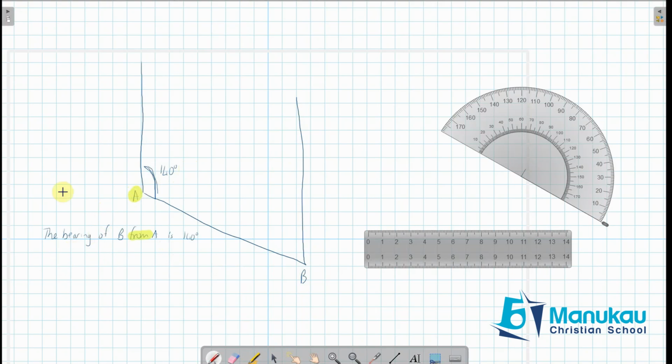Now, what about if we were doing it the other way? How would we find this? The bearing of A from B is. How do I find that? How can I figure it out? Well, remember, you start at 0, 0, 0, and you must always measure clockwise.